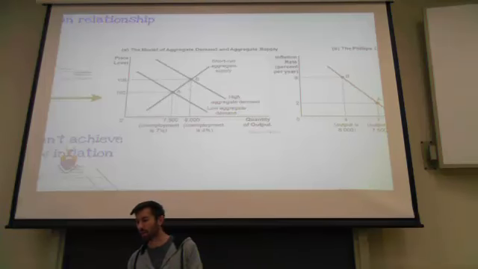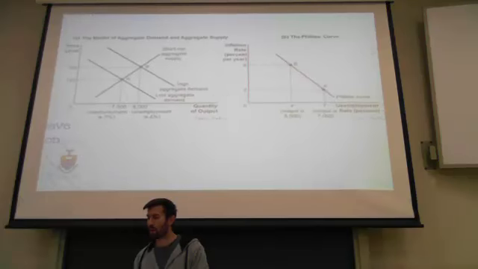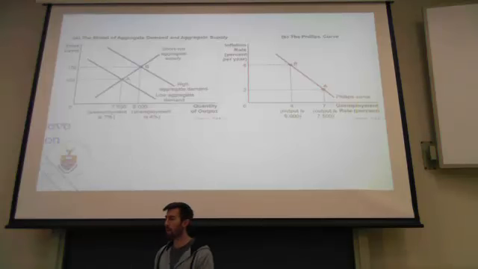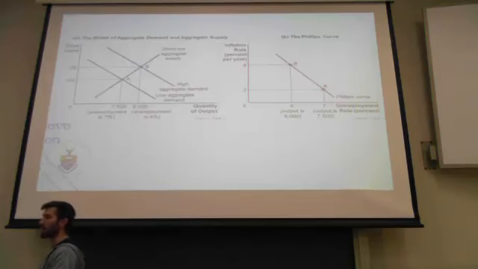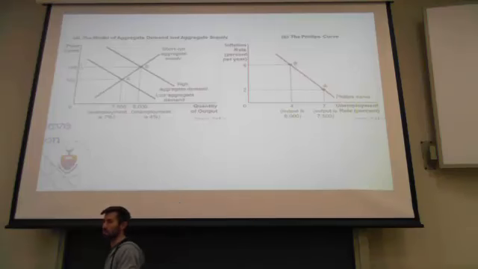So with that shift in aggregate demand, we've moved from point A to point B, which is the equivalent in the Phillips curve of moving from point A to point B. In other words, we had some initial price level and some initial level of employment, and therefore some initial unemployment rate. With the increase in aggregate demand, prices rose. With that rise in prices, we would have had an increase in inflation.